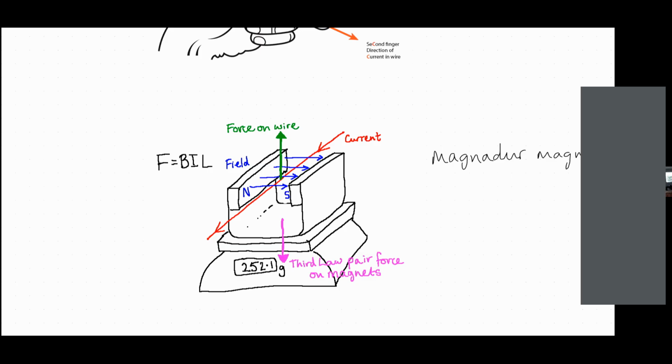Now, if you put some Magnadur magnets in a U-shaped yoke on a set of scales, and then you pass a current through a wire that's going through that magnetic field, then Fleming's left-hand rule applies, and there will be a force on the wire.